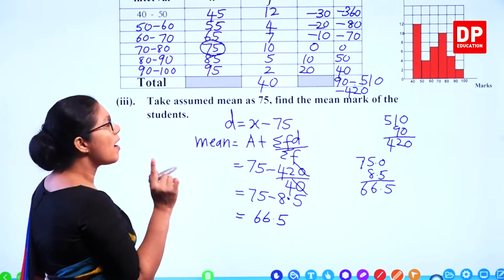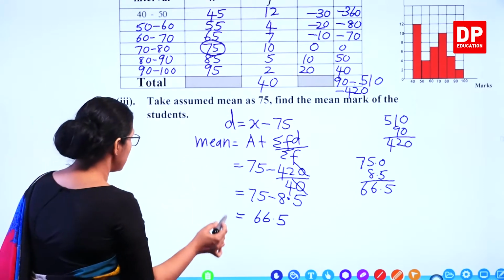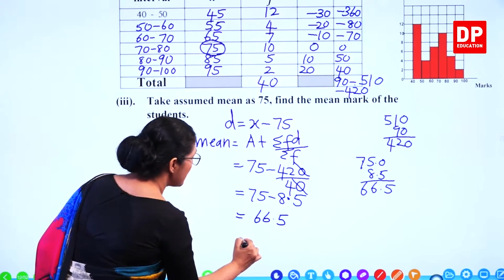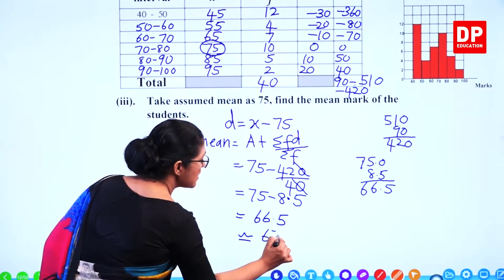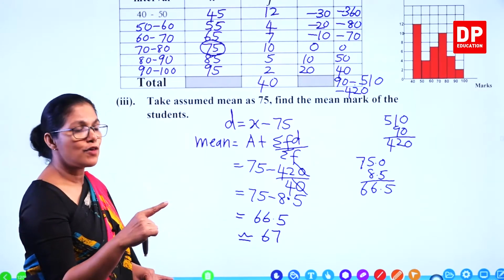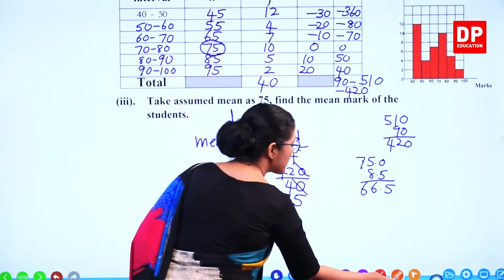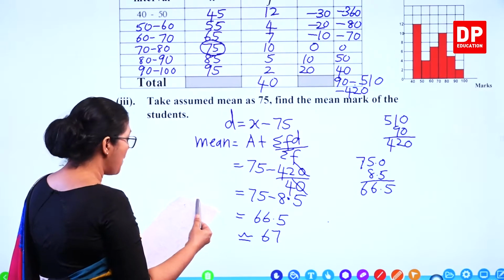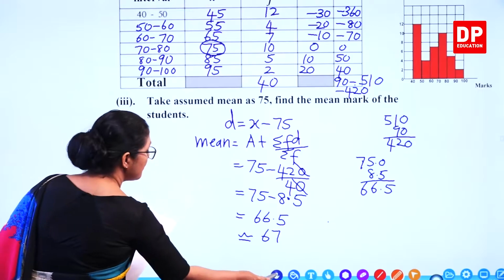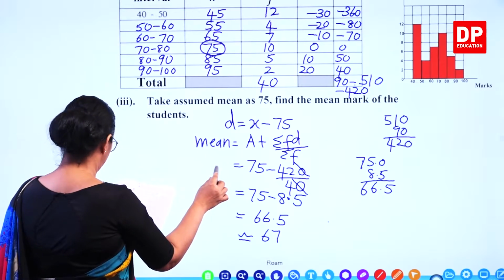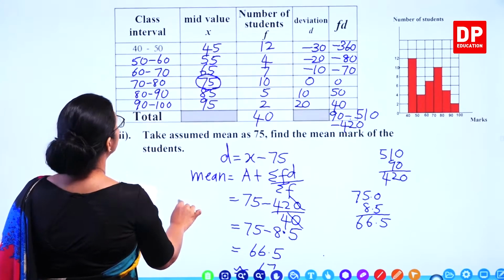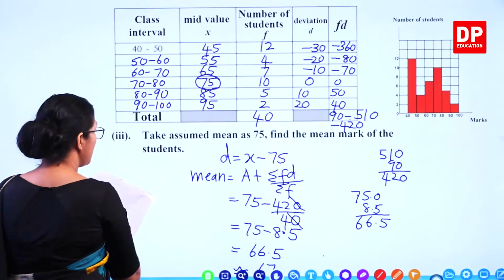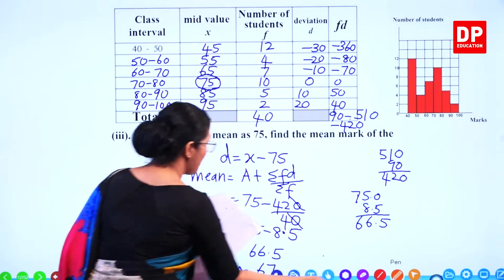So this is about marks, so you can round it. It says take assumed mean as the mean mark. So we can round 66.5 to 67. So that's the mean mark of students. So how many marks? You are getting 5 marks for this step. 2 marks we have already given and 5 marks.